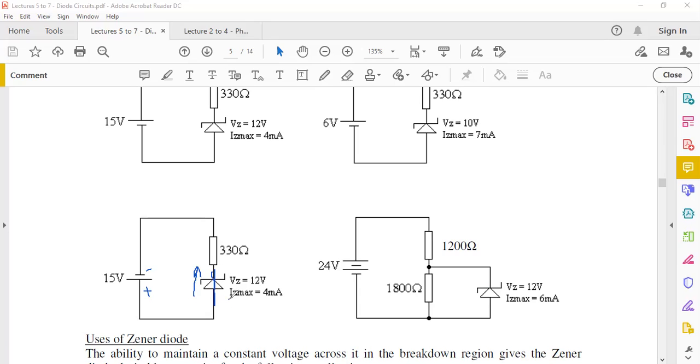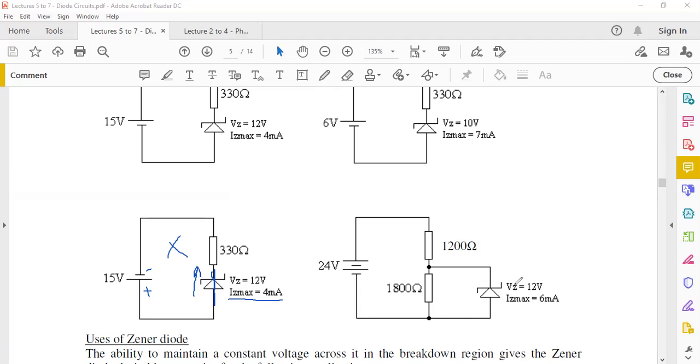And be very careful, the IZ max we are mentioning here is when the diode operates in the reverse breakdown region. It's not the current which is flowing now, where you take 15 divided by 330. It's when it's actually in reverse mode, when you have exceeded the breakdown voltage in the reverse breakdown region, that you find the current. So this circuit as well is not properly biased because your diode is not in reverse bias.